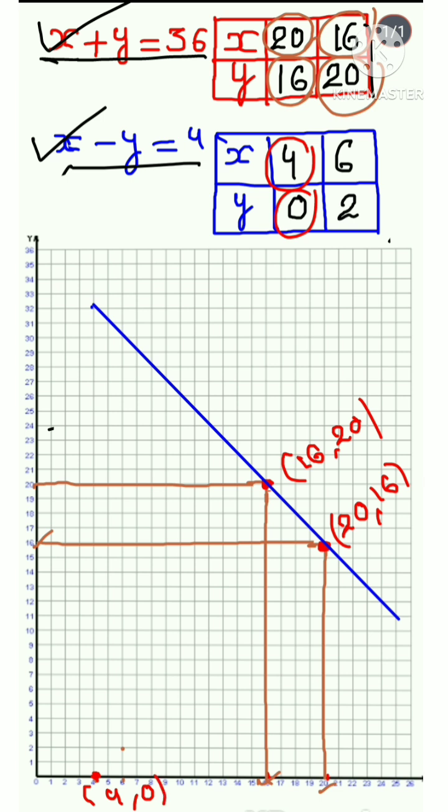Similarly, the second value of x is 6, 1 2 3 4 5 6 over here, and the second value of y is 2, 1 2. On this point the x coordinate is 6 and the y coordinate is 2. Now let's join these 2 points with a line.